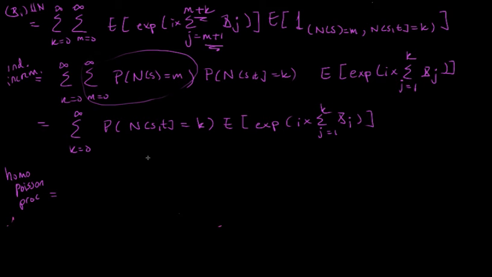That means that the increment from time s to t in the Poisson process has the same distribution as the increment from time 0 to t minus s. Hence, we can rewrite the above probability to this.